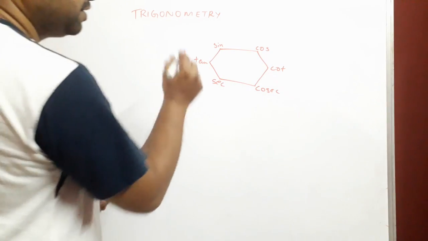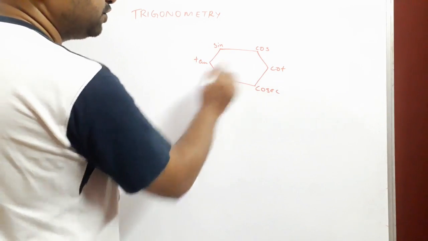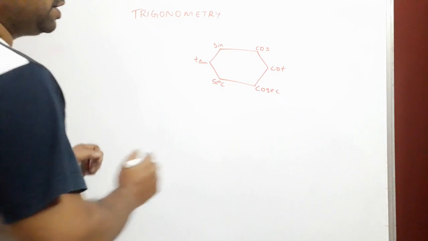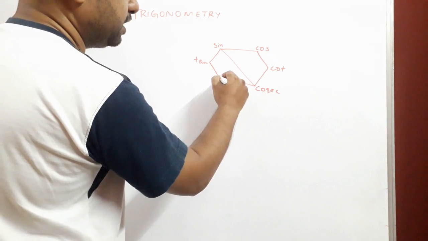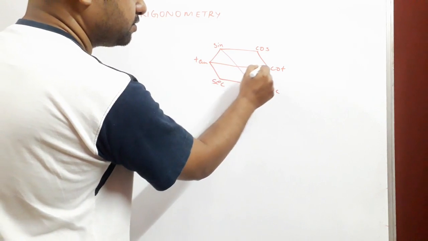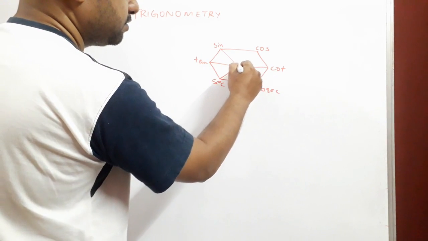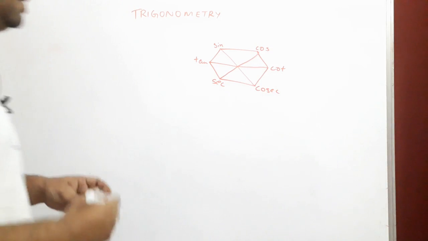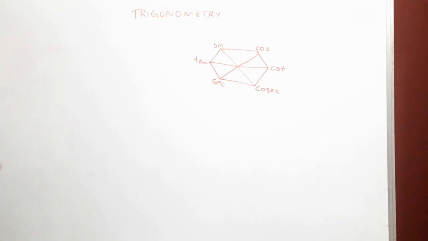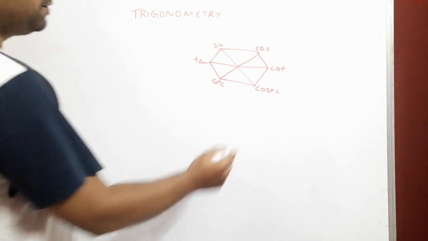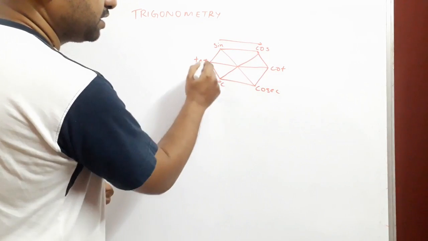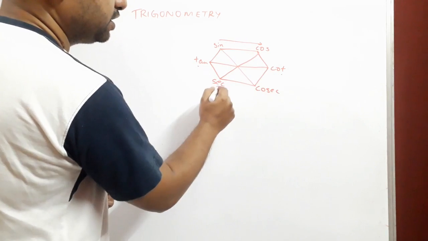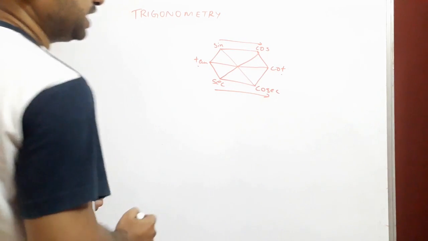Once again, we draw the diagonals to avoid any confusion. Now in the case of complementary angles, you just have to look at the opposite, from tan to cot and from sec to cosec.